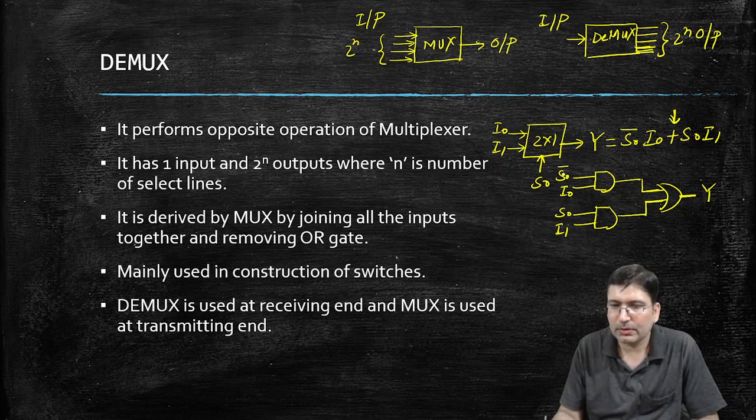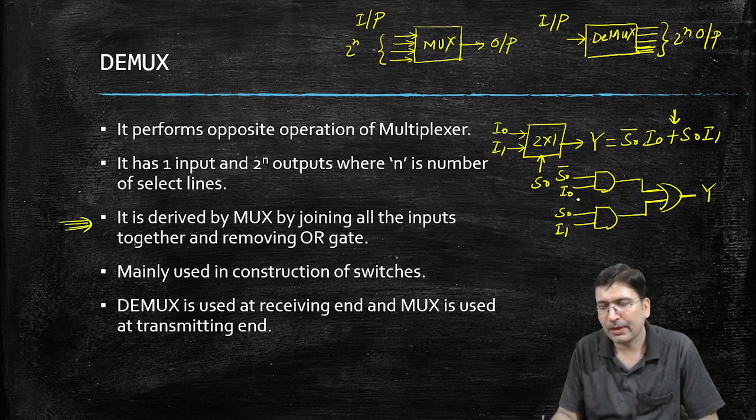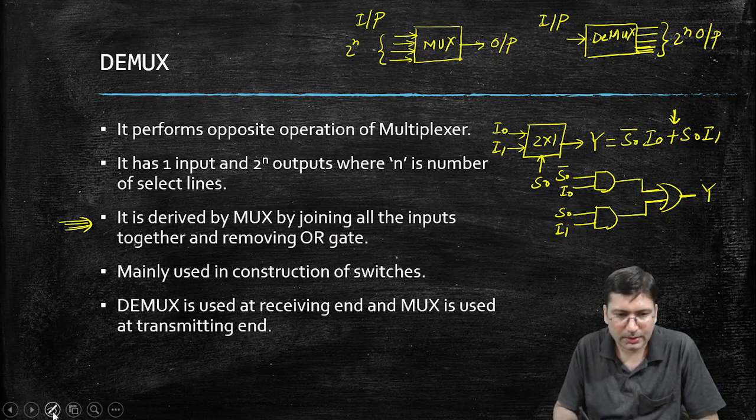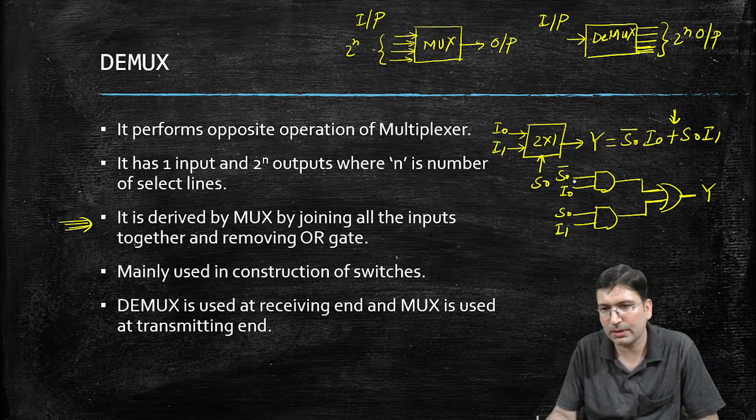Now in case of demux, demux will have one input. So in case of demux, what we are saying in this third point is that in case we join all these inputs, so let's say I'm joining this I0 with I1, so there is only one input, right?